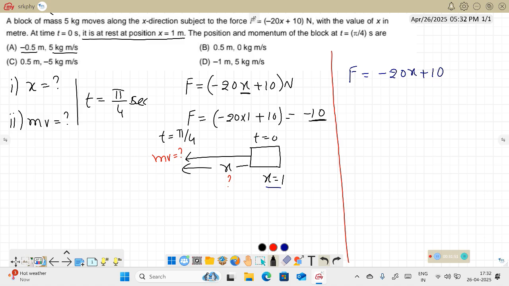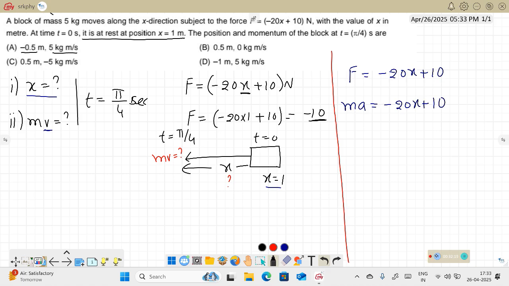You know that F is equal to ma, mass into acceleration, because to get the velocity we need to know the acceleration. So I'm converting this into F equal to ma, and the x value we also find accordingly, because time is given. So ma is equal to minus 20x plus 10.